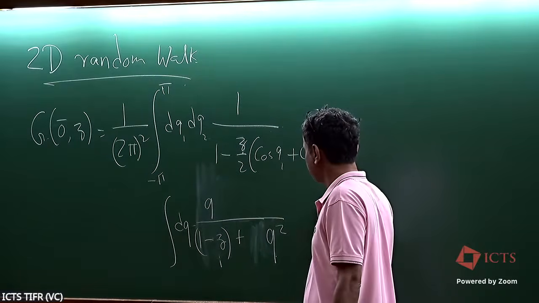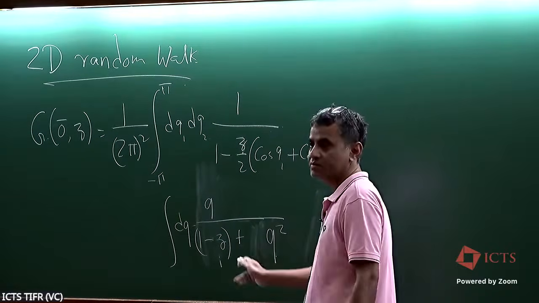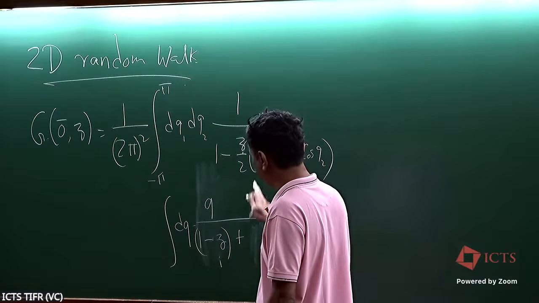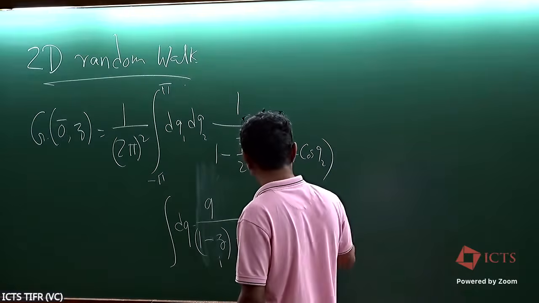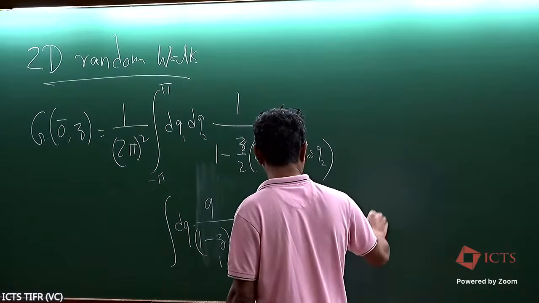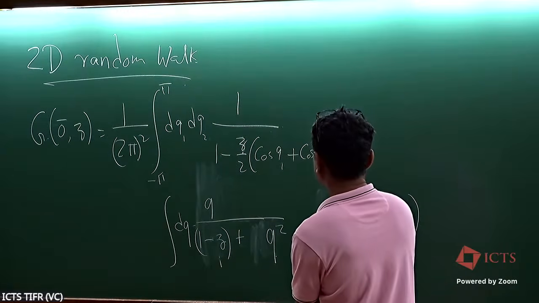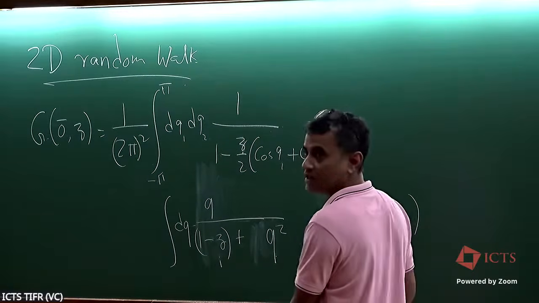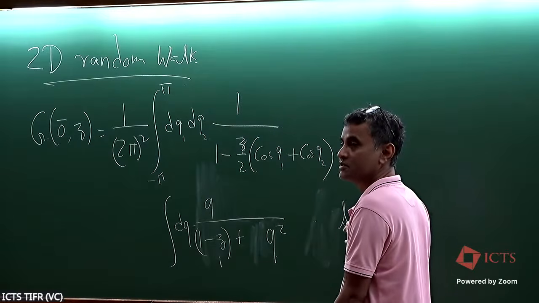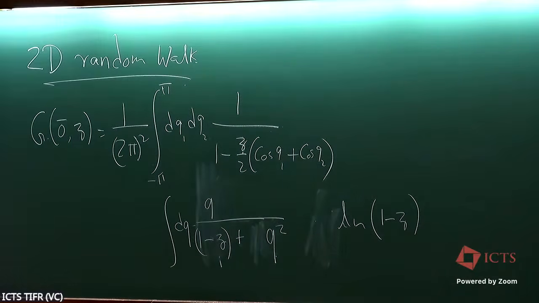The integral gives log, and then infinity is 0, and at q equal to 0 this will give, I guess, log of 1 minus z. Okay, everyone agrees? Yeah. Okay, so maybe let's do it carefully.